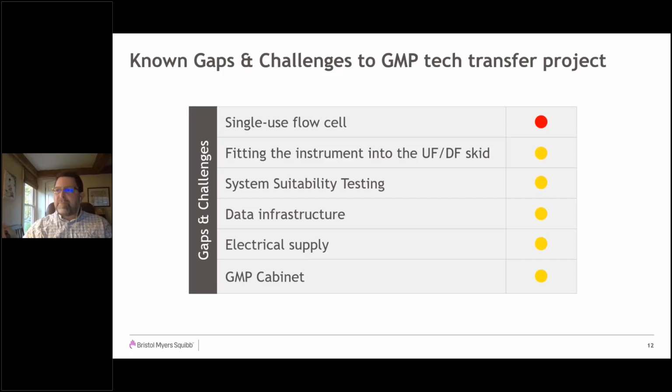It's a little bit color coded. It's somewhat arbitrary, but I put the development of and the commercial availability of the single-use flow cell, probably the biggest gap in town, to basically implementing this in the GMP space, because the other alternative would be to clean a stainless steel flow cell, and that would involve a cleaning validation, which anybody who's experienced with cleaning validation understands it's a very lengthy project to do, and so it's much easier if you can have them manufacture these single-use flow cells that you can just plug in.